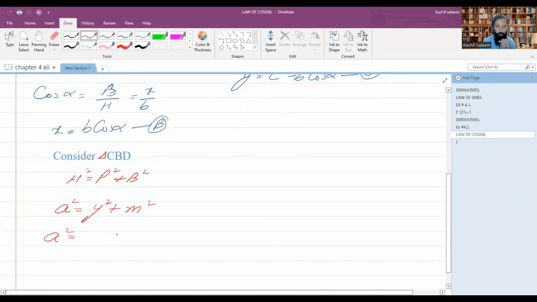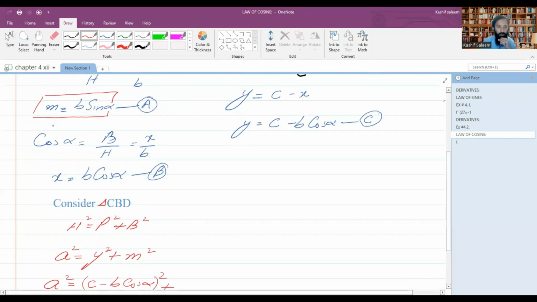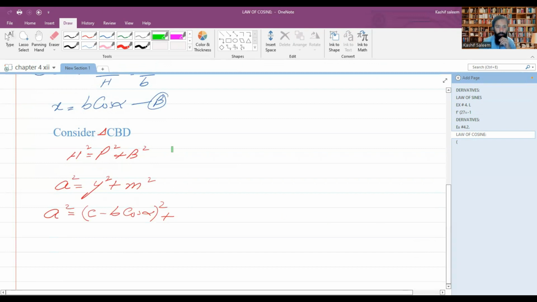A square is equal to (c minus b cos alpha) whole square. And the value of m is b sine alpha, so plus (b sine alpha) whole square. Now simplify it.